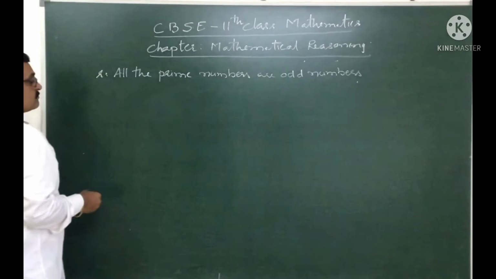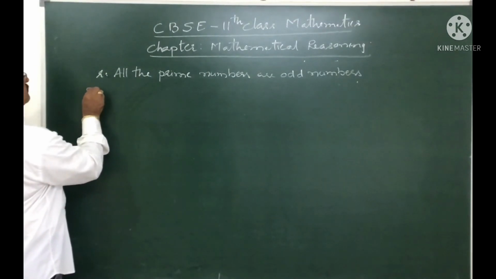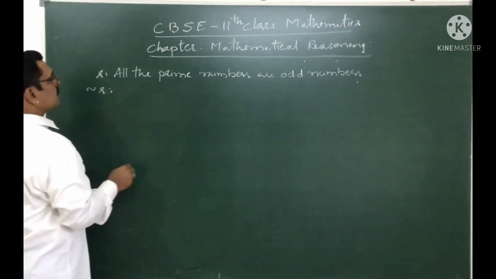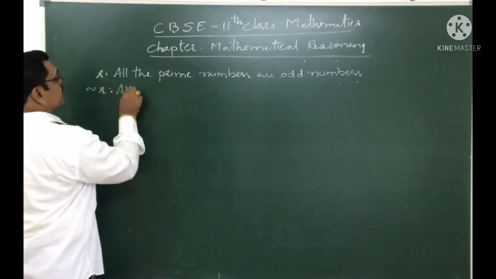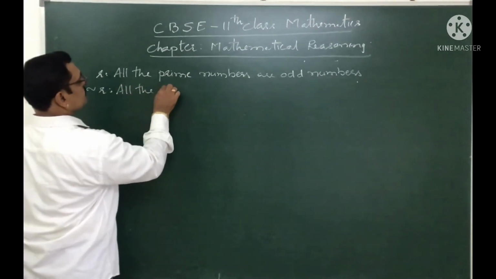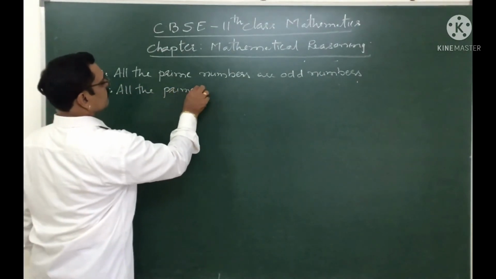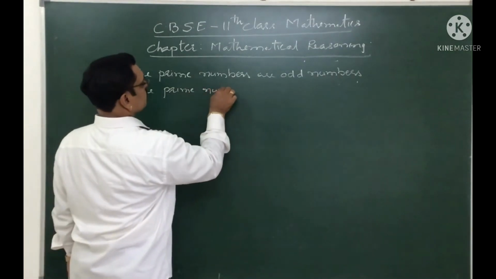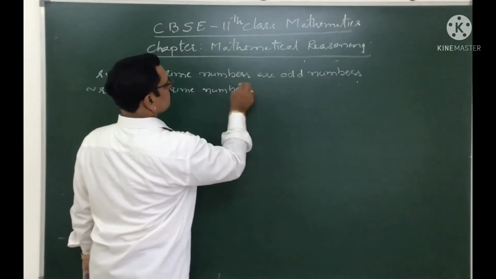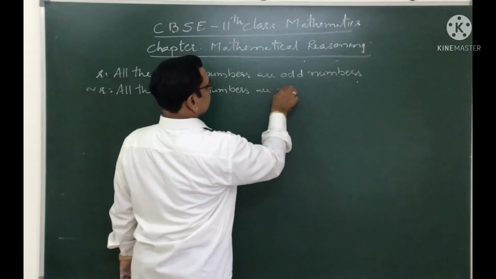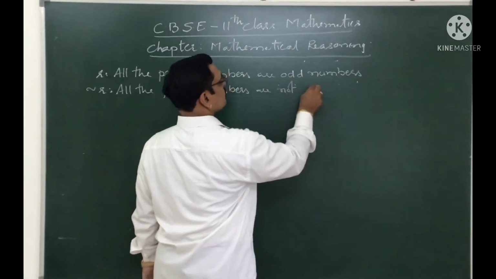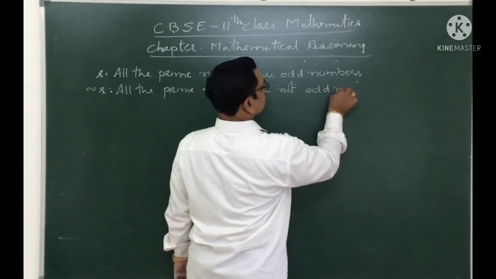Now its negation is: all the prime numbers are not odd numbers.